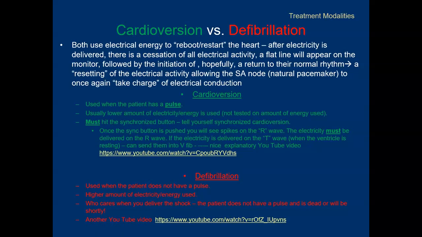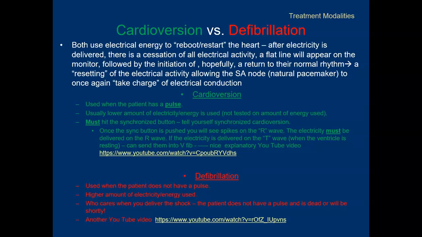And what we'll do with this, we still want to stop that abnormal pathway from being utilized in the heart. But most of the time we will use a lower amount of energy, and you're not tested on the amount of energy that's needed. But we also want to deliver the electricity at a very specific time in the cardiac cycle. In other words, we want to deliver the electricity at a time when the heart is working.